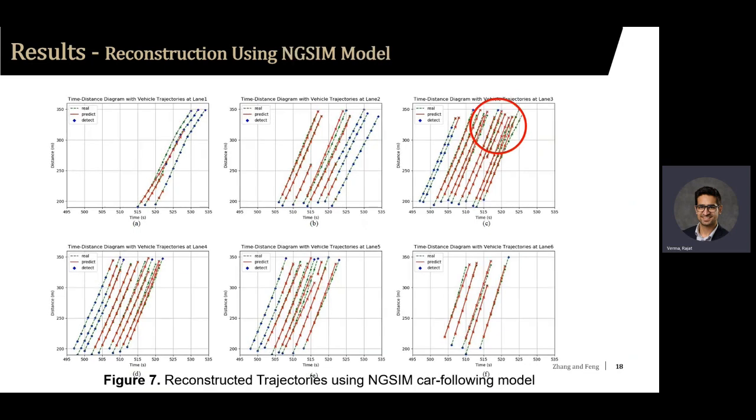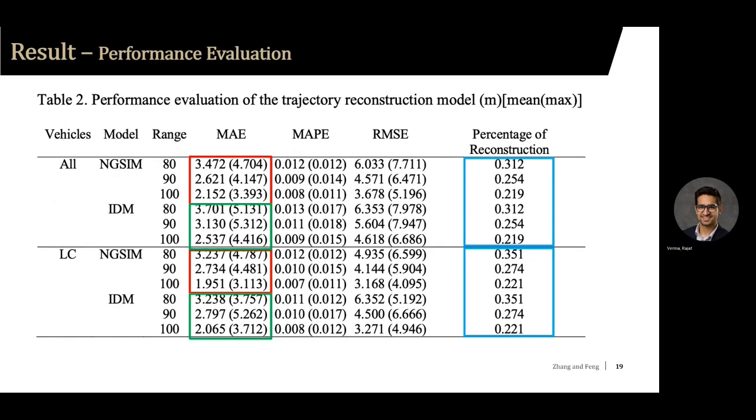But let's see the NGSIM car following model's results. They do not have this issue because this model fits the NGSIM data set much better. So let's go to the performance evaluation.